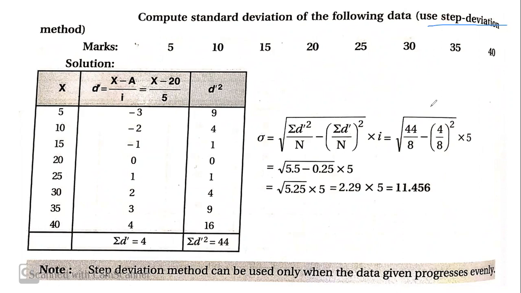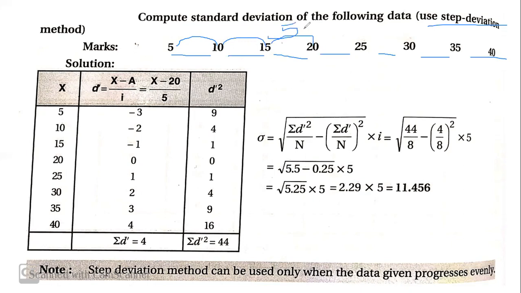Let's see. Now here, if you see the data, you can notice the data has a common difference. Starting from 5 till 40, if you see the difference, it has a common difference between the data. So the difference between two data, wherever you take, is 5, right?